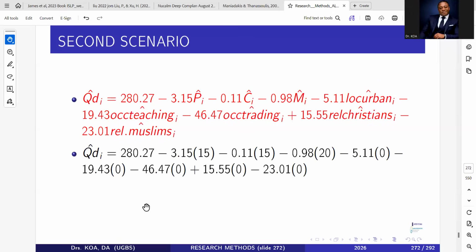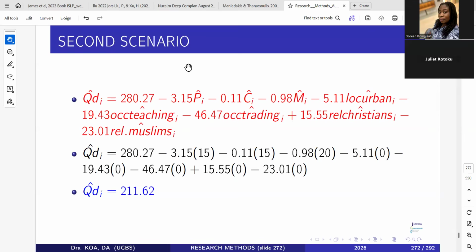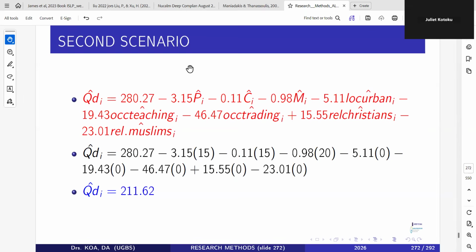There were some things that were the same. They all had the same price and the same complement price. So what is driving the difference, Juliet? It's the location, the occupation, and religion. Perfect. Those are the things causing the difference, because those were the ones where the changes were.